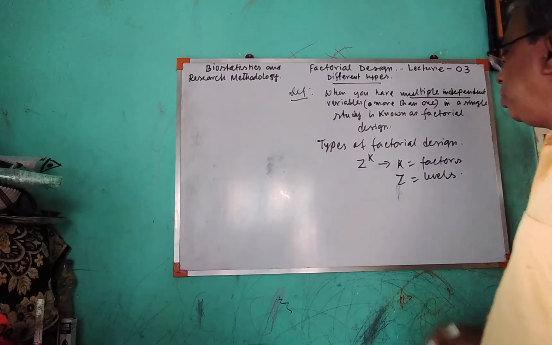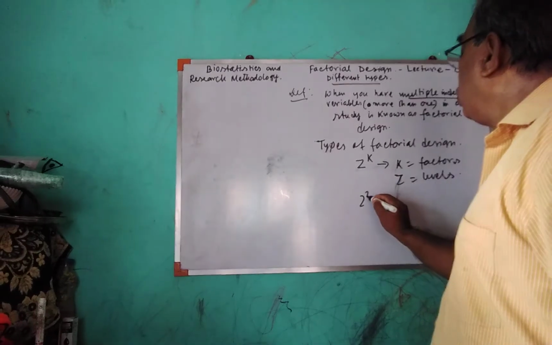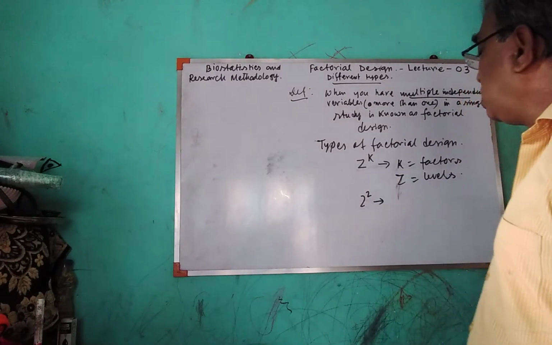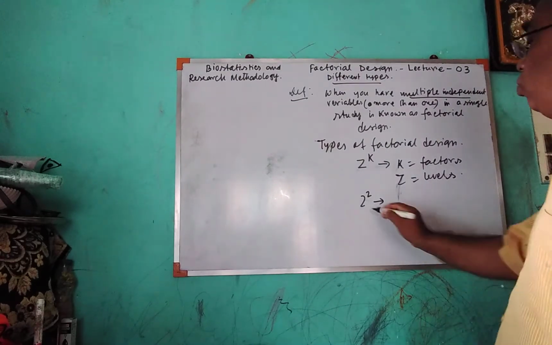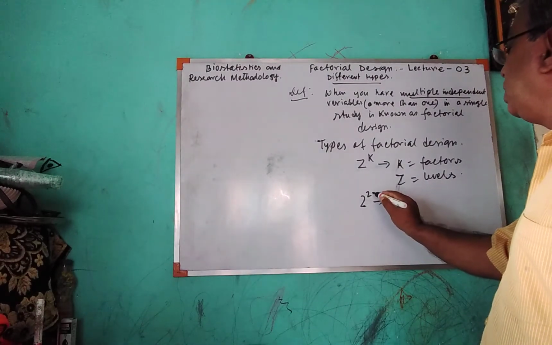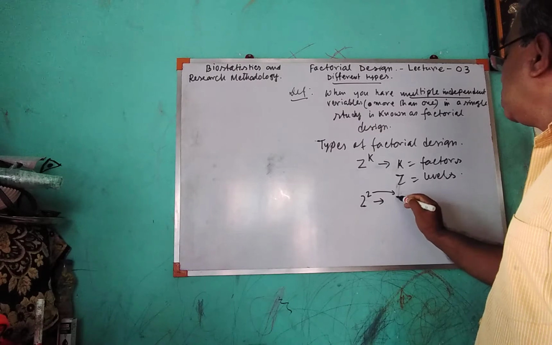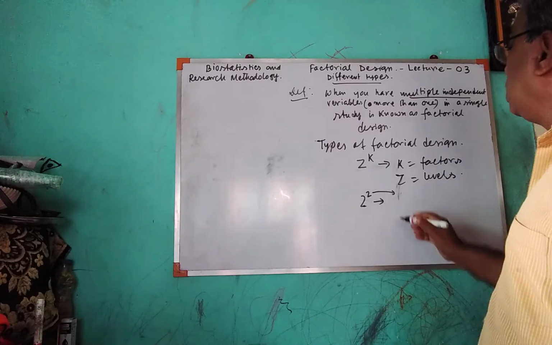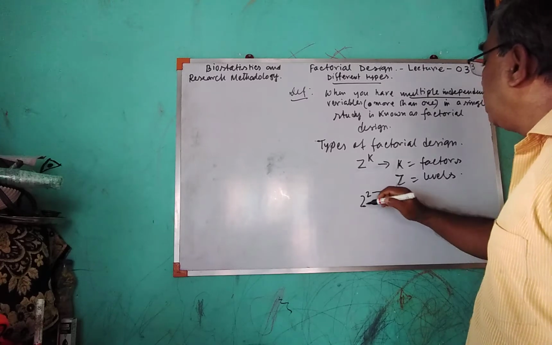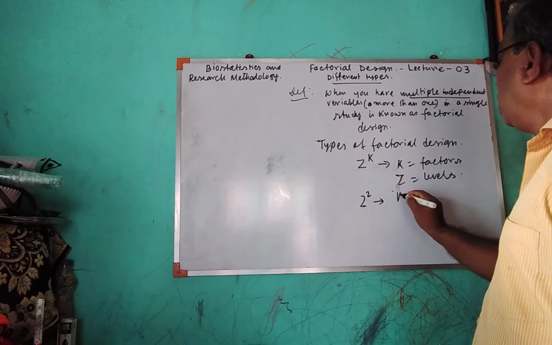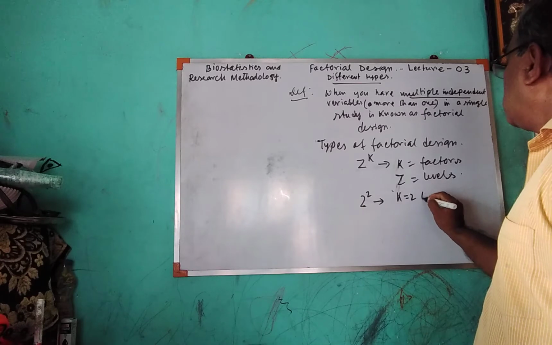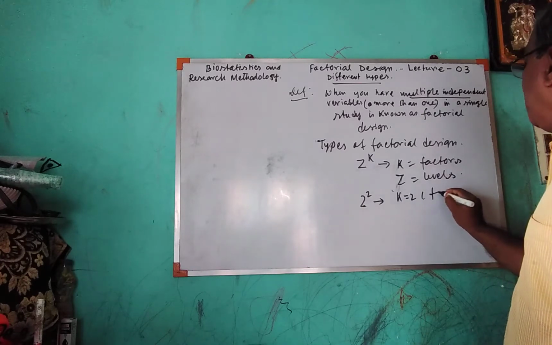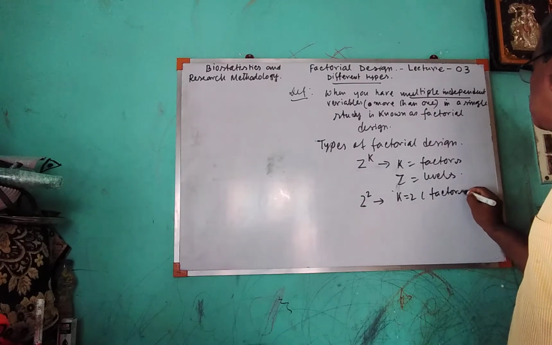For example, suppose 2 to the power 2. 2 to the power 2 means factorial design. Here k equal to 2, that is the factors. How many factors? 2 factors.